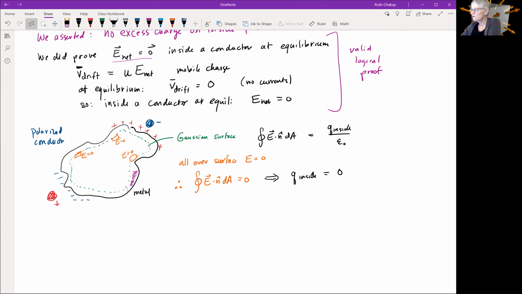Well, we're constructing this 3D imaginary surface, so we can draw it arbitrarily close to the surface of the metal. So we can get closer and closer. We're going to get the same result as long as we're inside the metal.